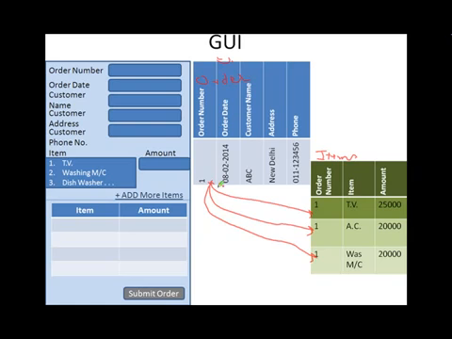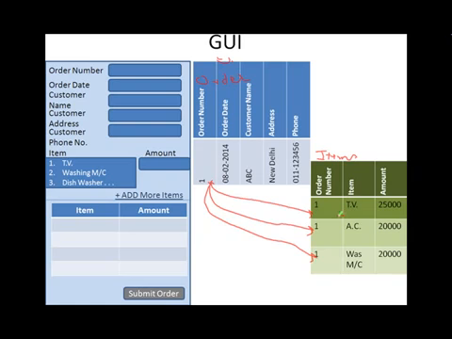In the items table everything is under order number 1. The non-repeating area, that's the order date, customer name and address along with phone number, are mentioned in the order table. Items like the TV, AC and washing machine we bought are mentioned as rows in the items table.